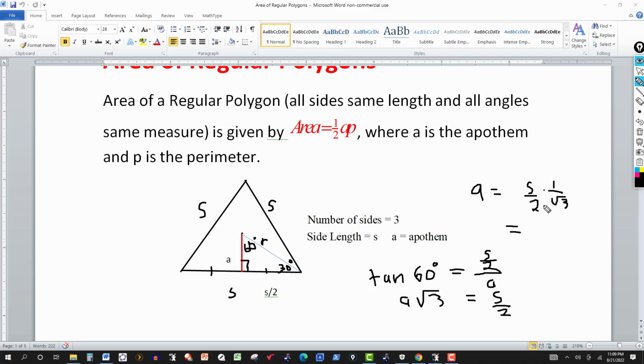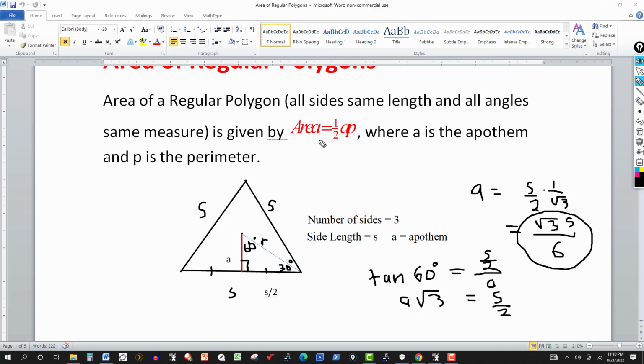But we have to rationalize this, so I'm going to multiply the top and the bottom by the square root of 3. That gives me the square root of 3 S on top. The bottom times the square root of 3 gives me 9 rather, I should say 3. 3 times 2 is 6. So this is the apothem here.